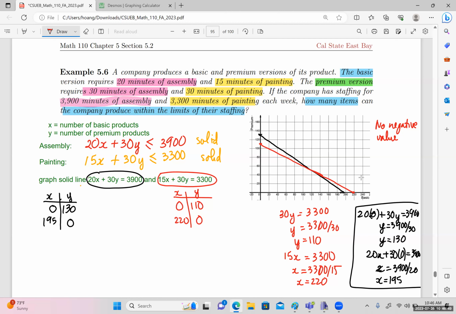So we also mean that x and y must be greater than or equal to 0. We need to find the shading area as before, right?